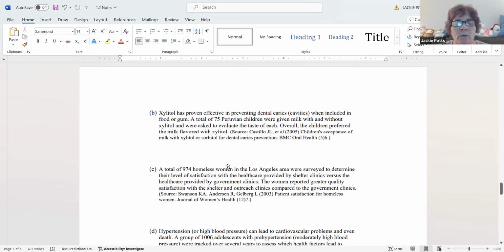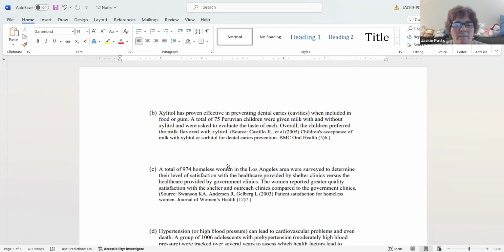Xylitol has proven effective for preventing dental cavities when included in food or gum. A total of 75 Peruvian children were given milk, some with and some without xylitol, and were asked to evaluate the taste after each. Overall, the children preferred the milk flavored with xylitol. Okay. Is that designed or observational?